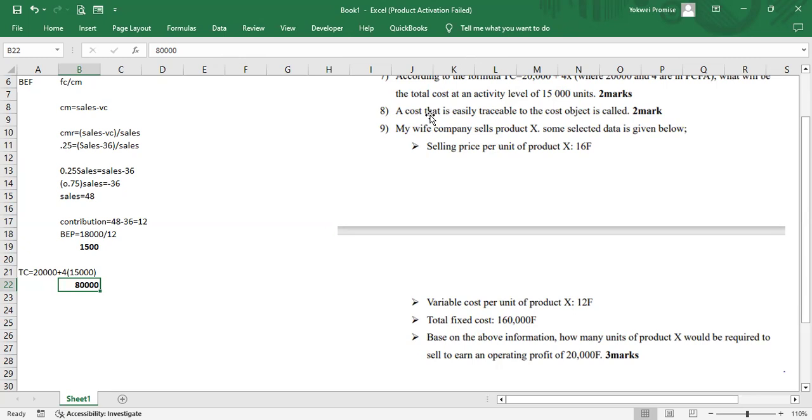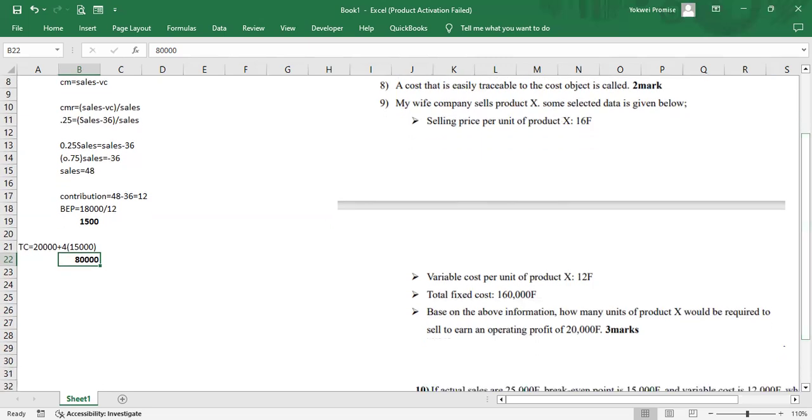So number 9. Look at number 9. They say a company makes product X, and some data is given below. So they have given you the selling price per unit, the variable cost per unit, and the total fixed cost.